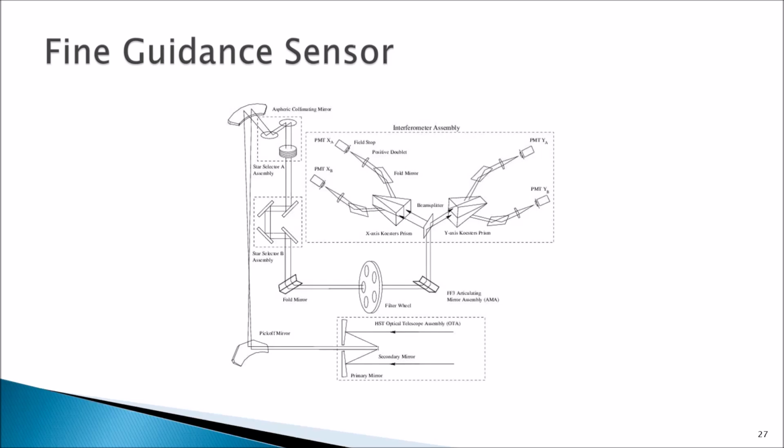This particular unit has what we call Koesters prisms, which are angle sensing prisms. So one pair of prisms senses left to right motion, and the other pair of prisms senses up and down motion.